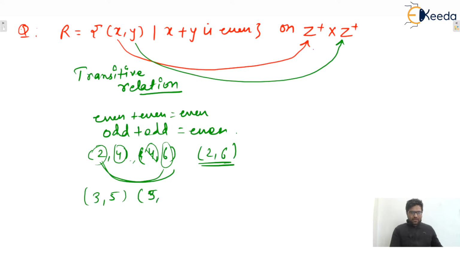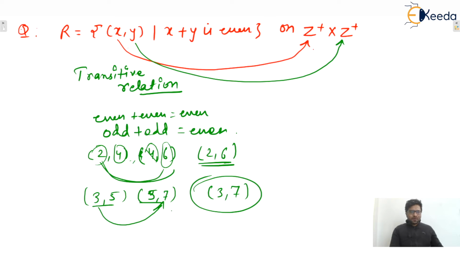If 3 is related with 5 and 5 is related with 7, then 3 must be related with 7, and that is allowed inside this relation. Why? Because the sum of 3 and 7 is even, and 2 and 6 is also even. So this relation will be a transitive relation.